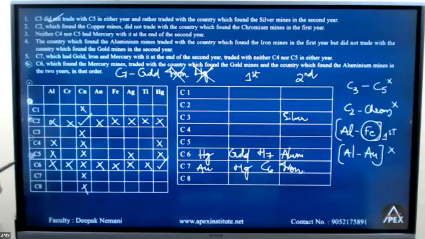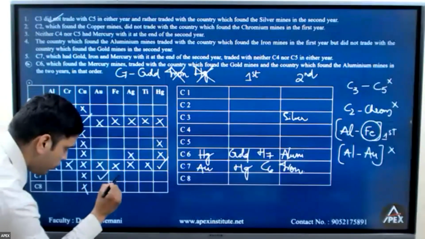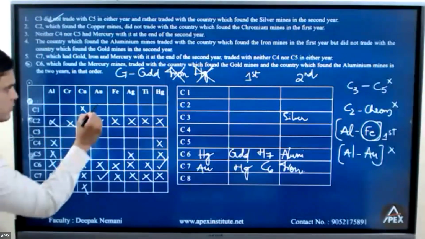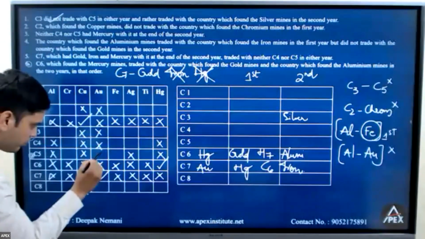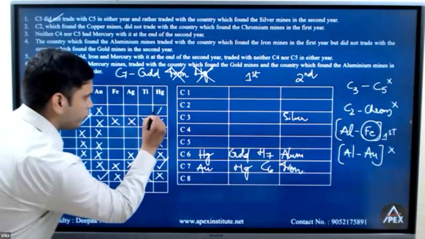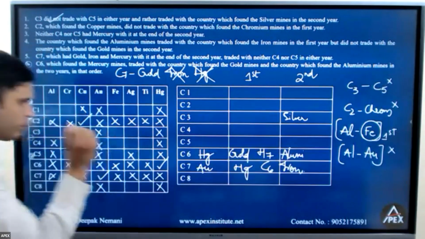Okay, and C7 is gold. So no other country has a gold mine. Okay, fine. My bad.